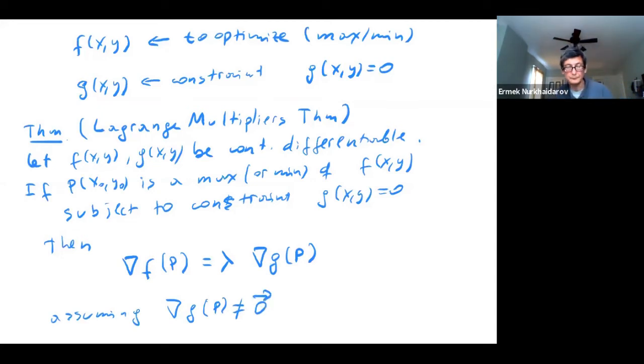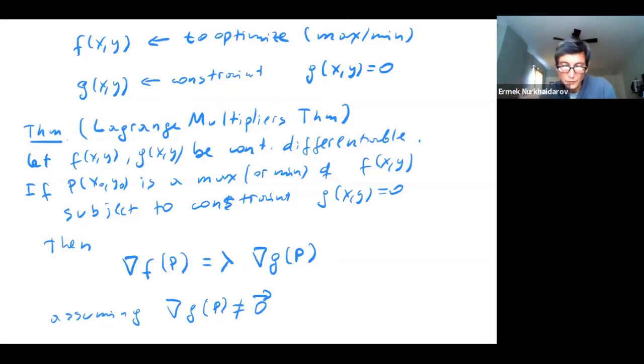So it's saying if the function attains max or min at a point, then the gradient of f and the gradient of g at the point should be parallel. Gradient f at P equals lambda times gradient of g.